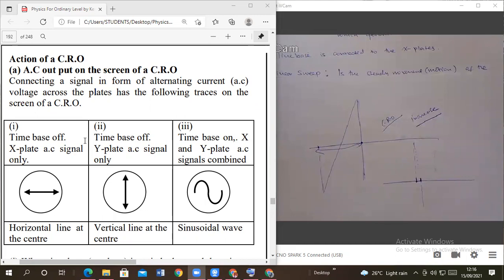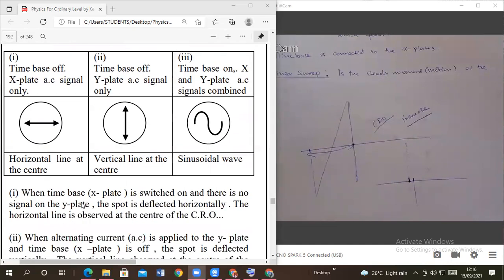So we are going to look at the wave nature of this kind of cathode ray oscilloscope with our video, which I've already prepared for you. First of all, let us look at time base off.